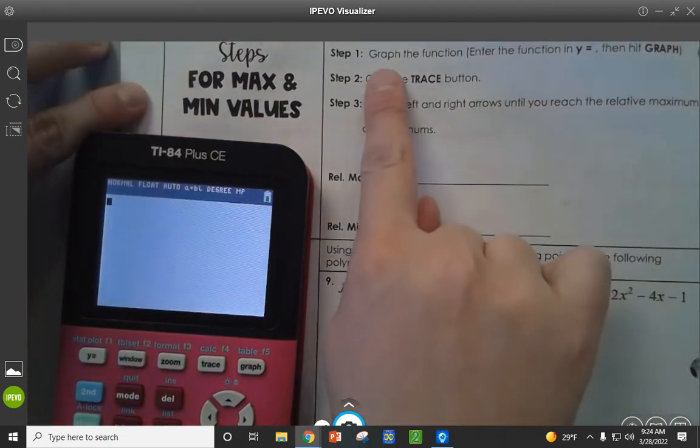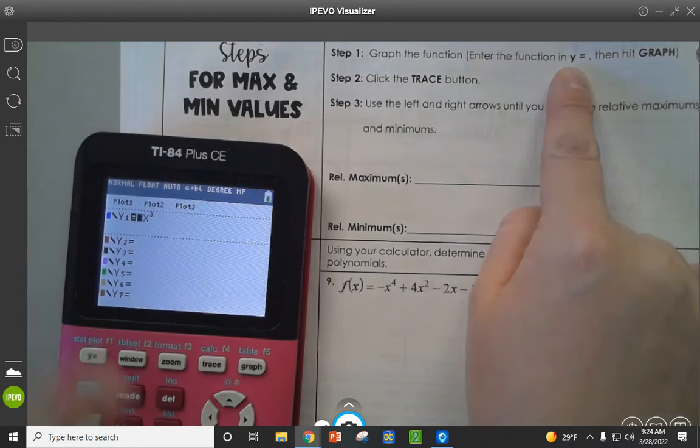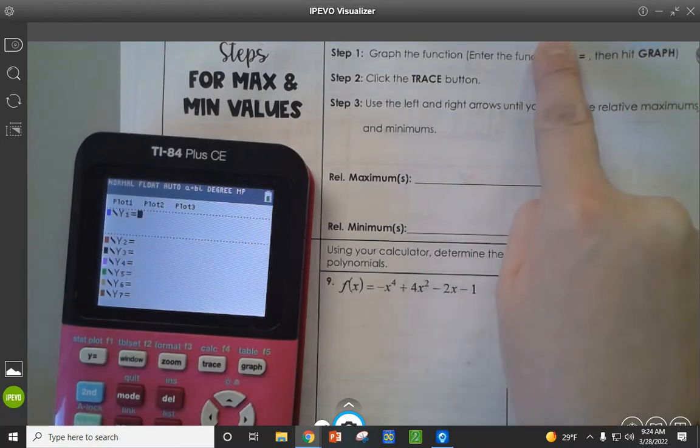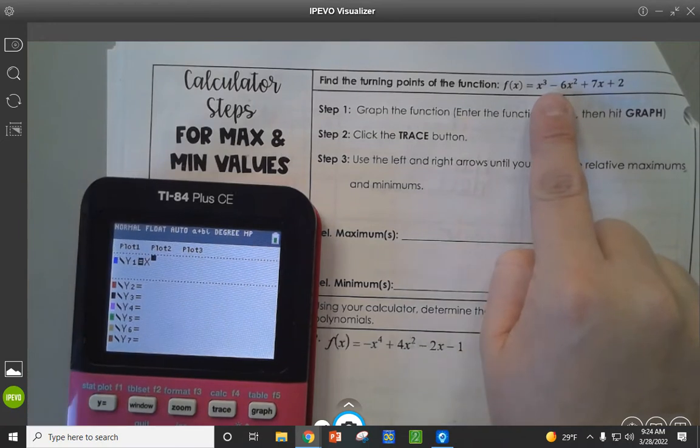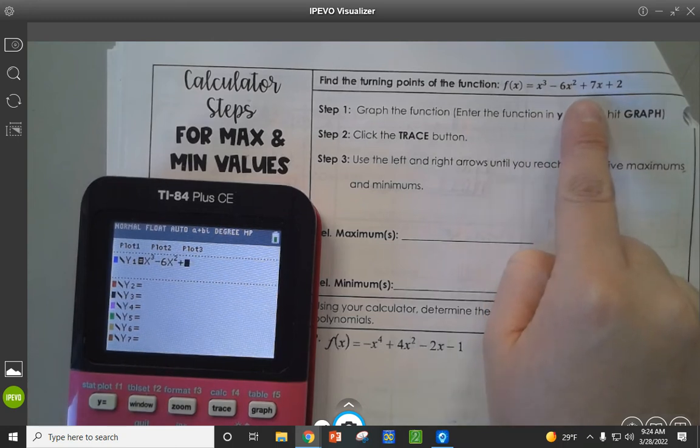All right. So go to y equals and type in the function. So what's the function up here? X cubed minus 6x squared plus 7x plus 2.